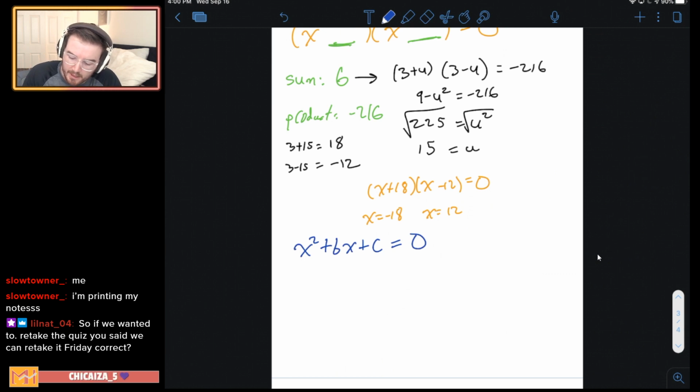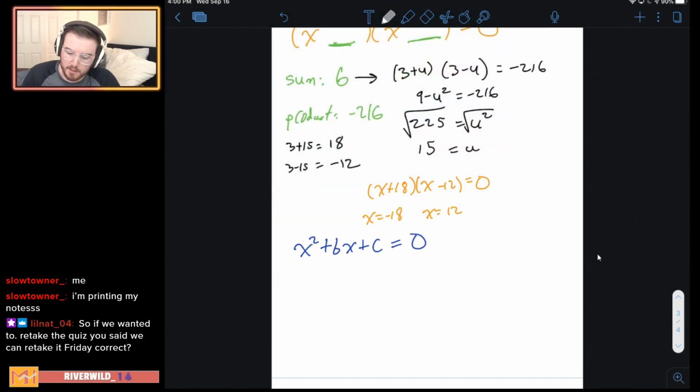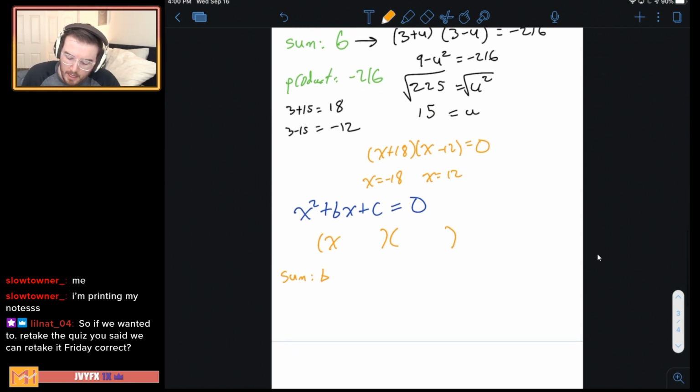If I've got x squared plus bx plus c equals 0 in front of me, and I'm trying to factor this, well, I'm going to be looking for two numbers that add to the middle number, which is b, and multiply to the last number, which is c.